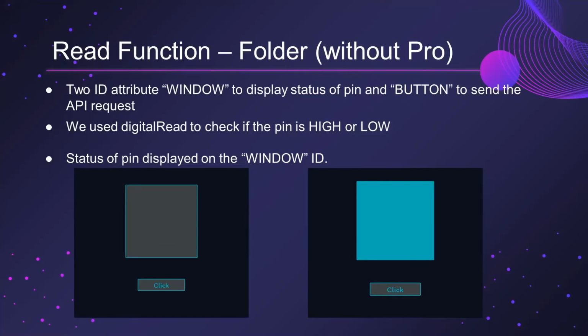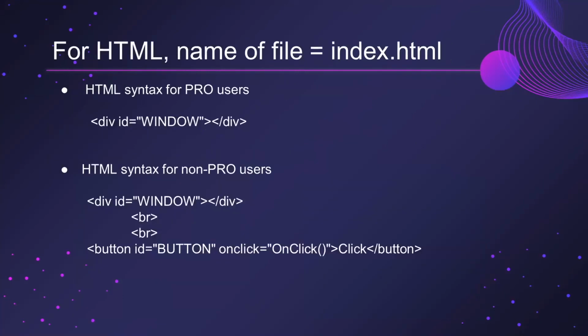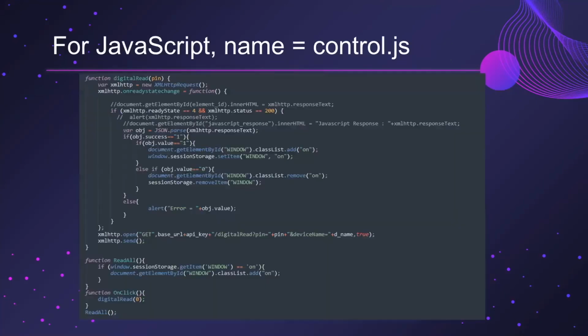If you have the script ready with the device ID and the code, I've mentioned everything in the GitHub. So everything is present in your script itself. You can go through it. So what I did in JavaScript is, we'll see if the obj.value 1 is returned. It will first check if obj.success has been returned, and after that it will check for a value.